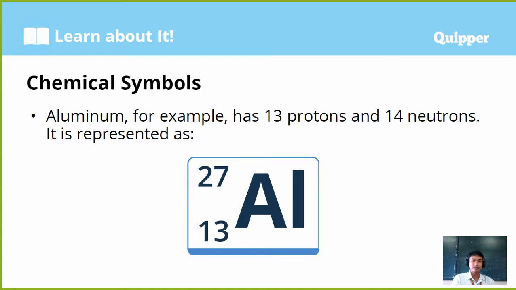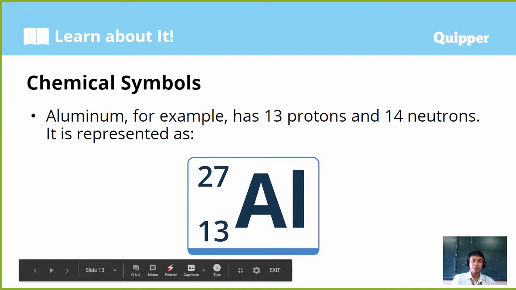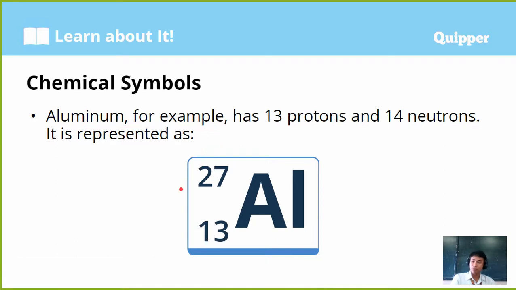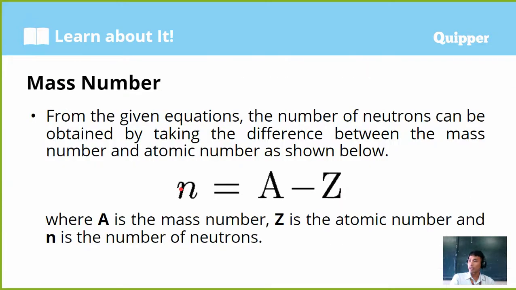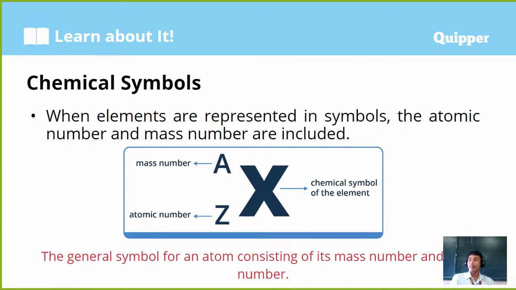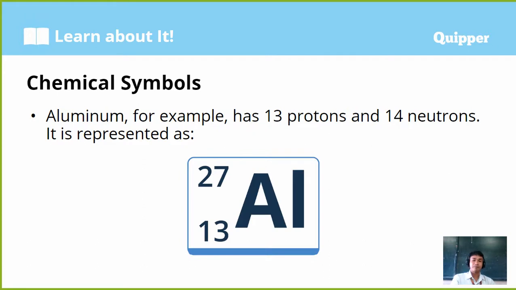Class. Remember how to get the number of neutrons. The number of neutrons is equal to the mass number, which is represented by A, minus Z, and that is the atomic number. So what is the number of neutrons?